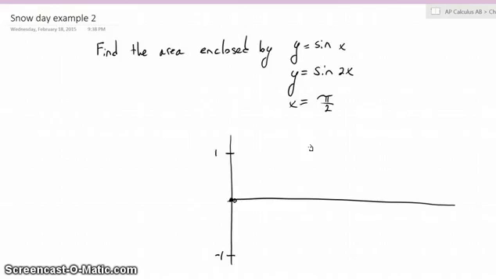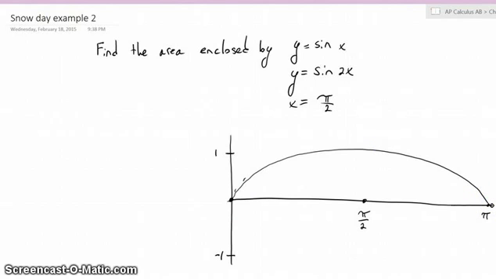And we know that sine is going to have a maximum at pi over 2. And it's going to hit the x-axis again at pi. So we'll draw that. We'll say our curve looks like that.